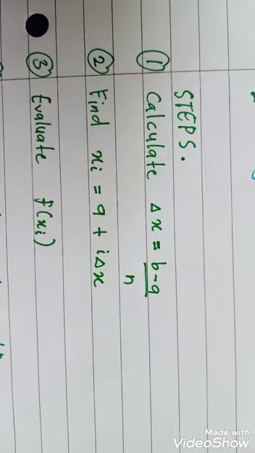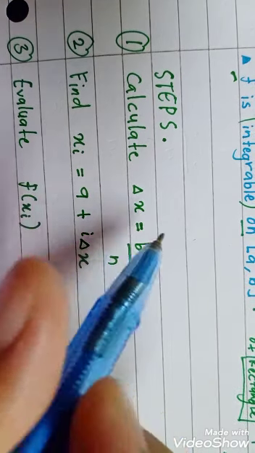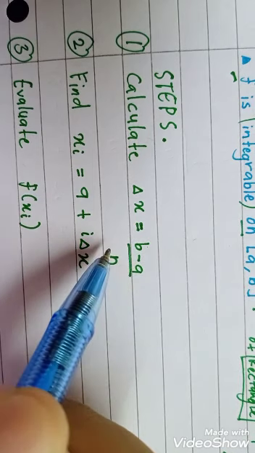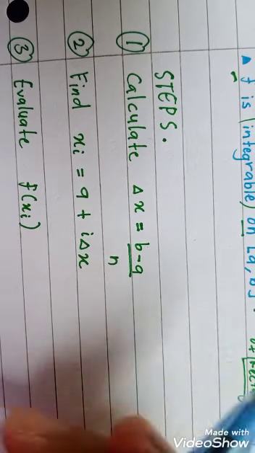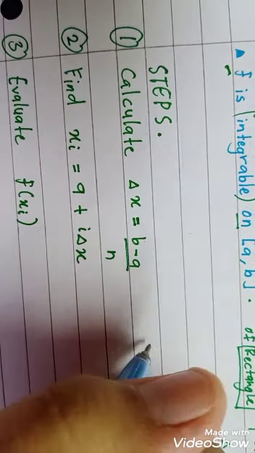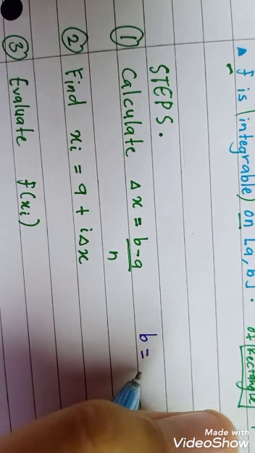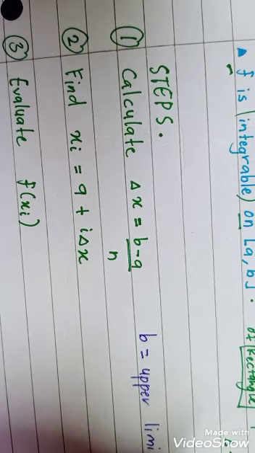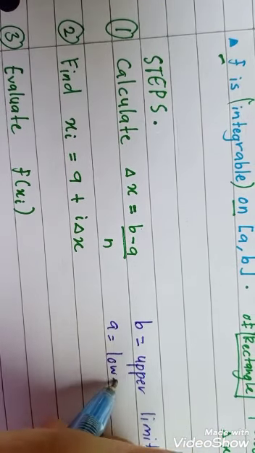The first step is to calculate the delta x. The delta x is equal to b minus a over n. b is the upper limit and a is the lower limit.